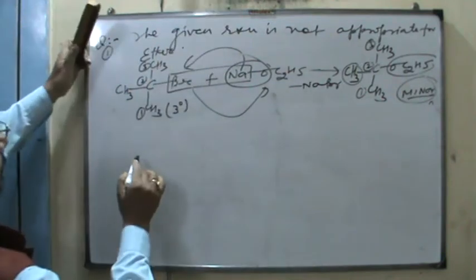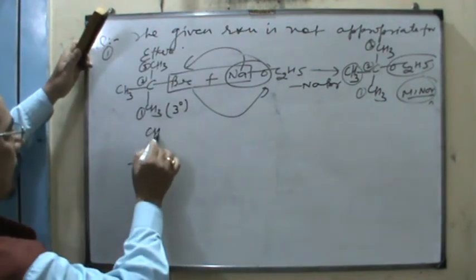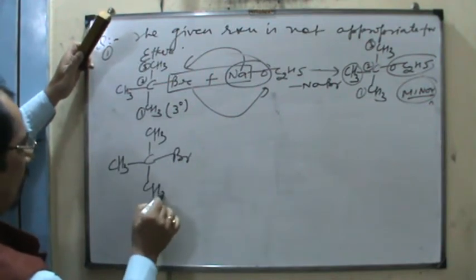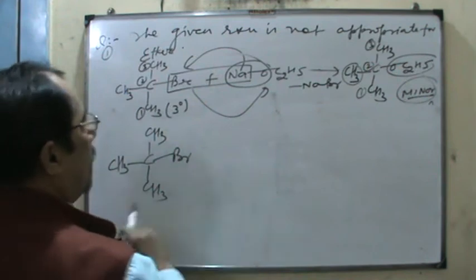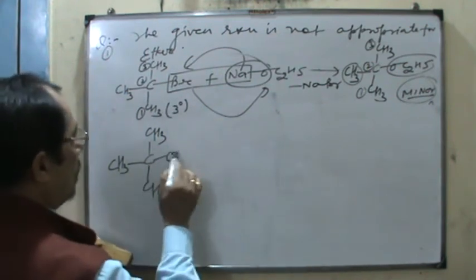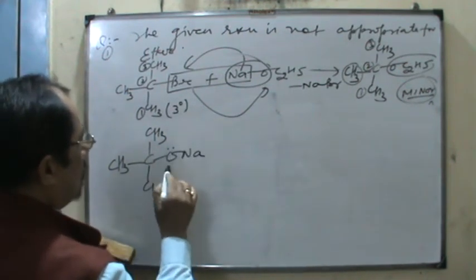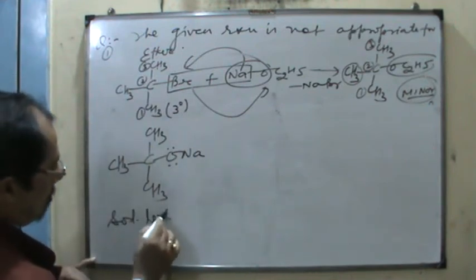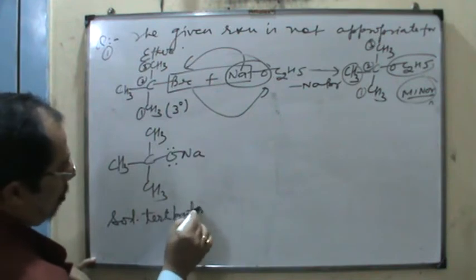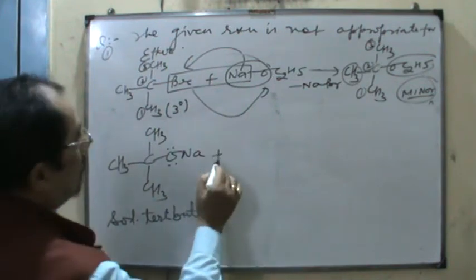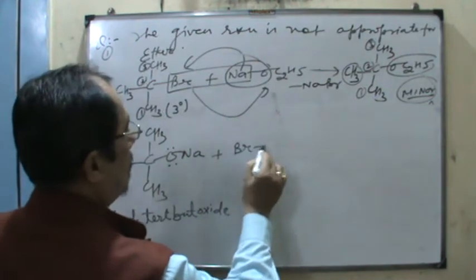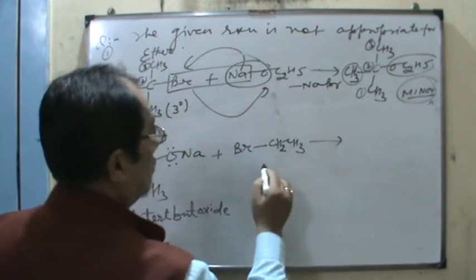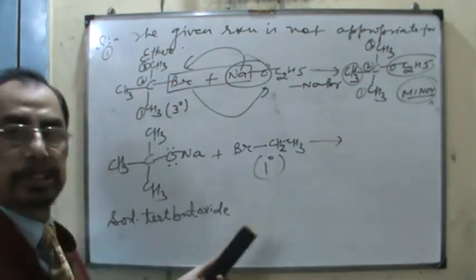So dear students, here CH3, CH3 and CH3, and this is the ONa, sodium tert-butoxide, plus Br, this is the CH2 and CH3. It is a 1-degree halide. Purpose is solved.